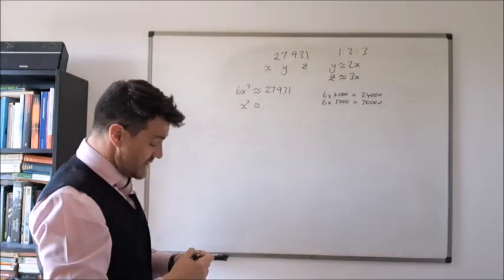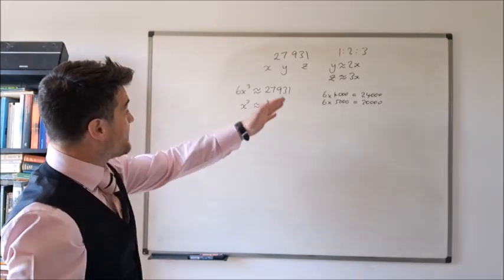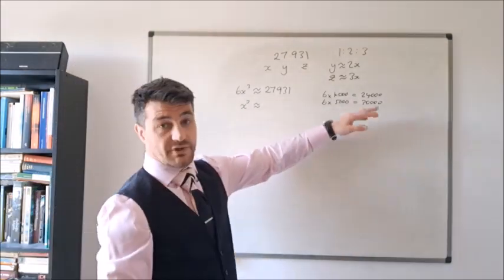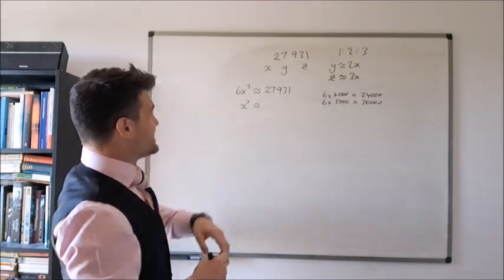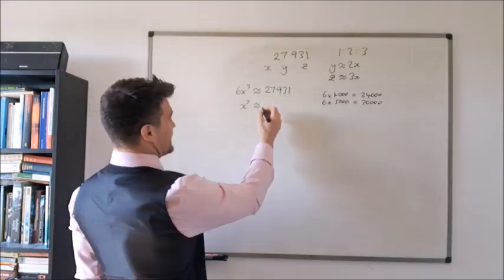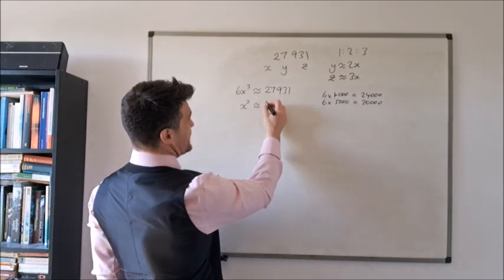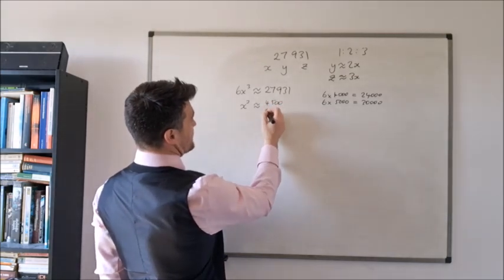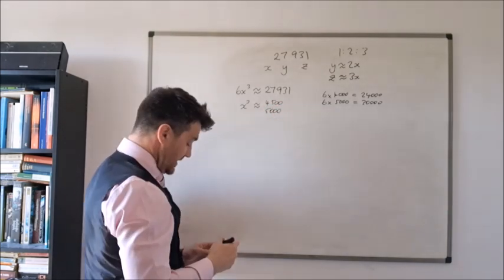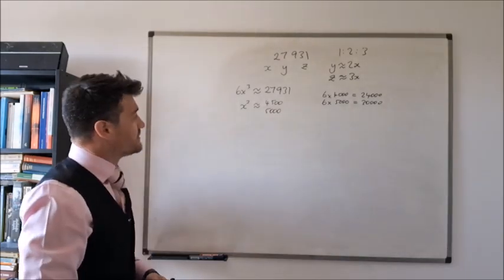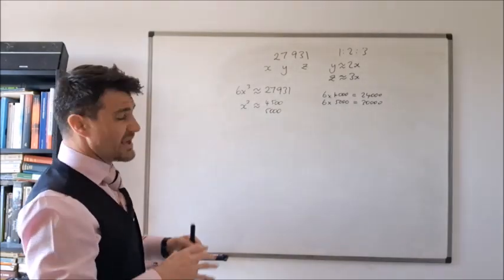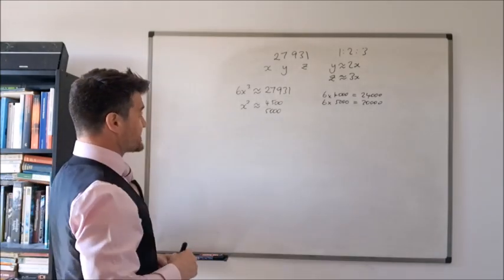So we're looking for somewhere in between those two, between 4,000 and 5,000. I'd say it's going to be about 4,500. So x cubed is going to be somewhere between, I would say, 4,500 and 5,000. Somewhere in there. Again, we don't need to be exact about this.